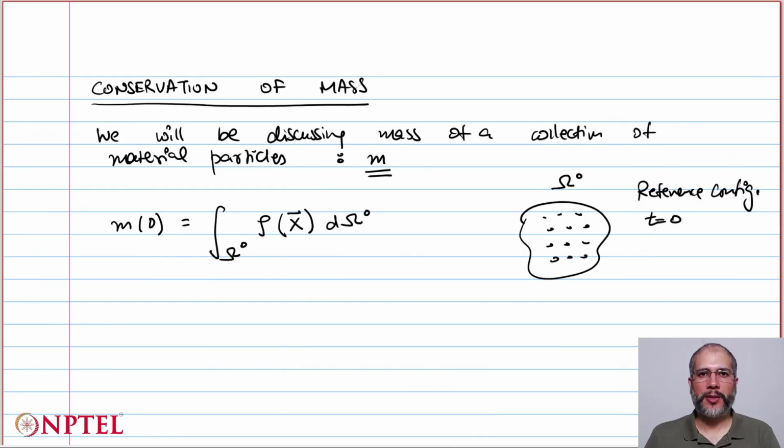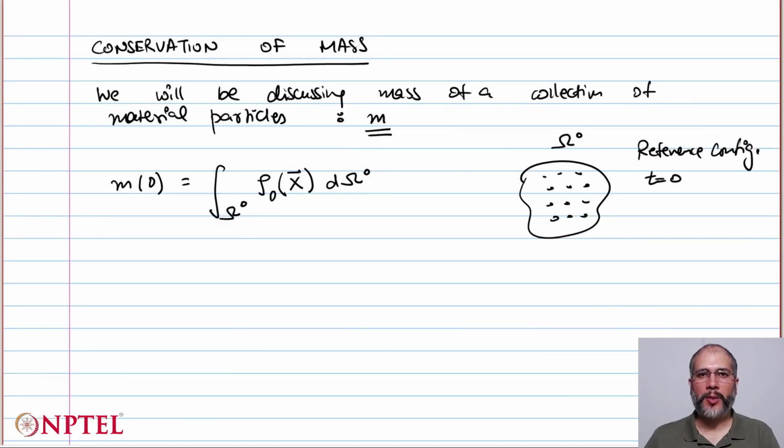Since this is the density of the particles in the reference configuration, it will be written as rho naught. So rho naught is the function that denotes the density of the particles at t equal to 0 in the reference configuration. And as time evolves, the same collection of particles will change their configuration.